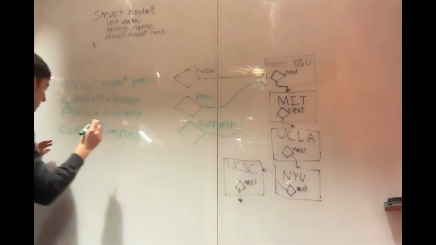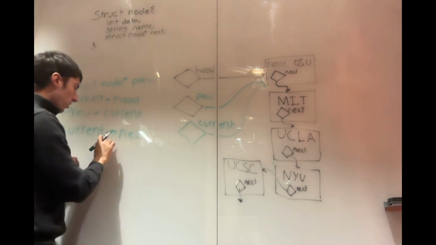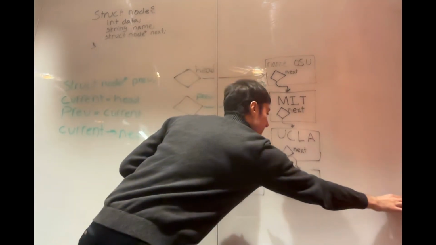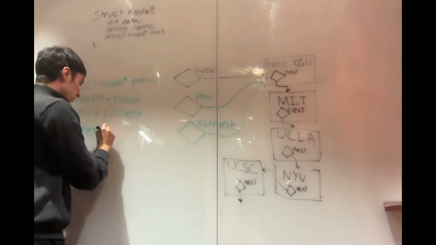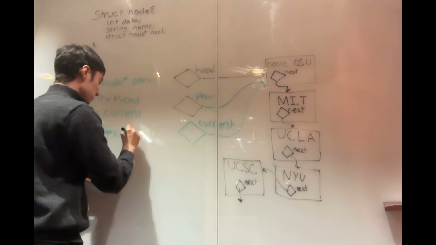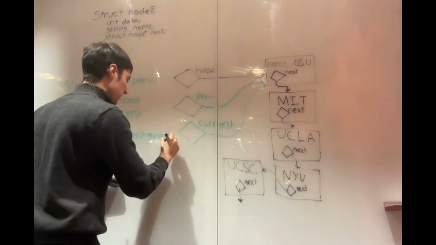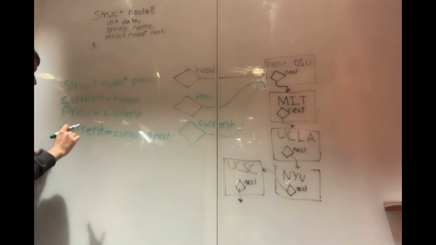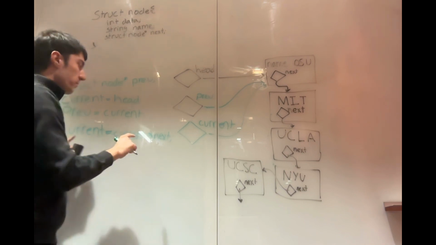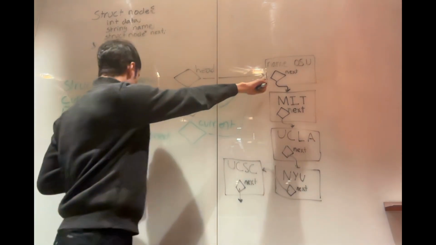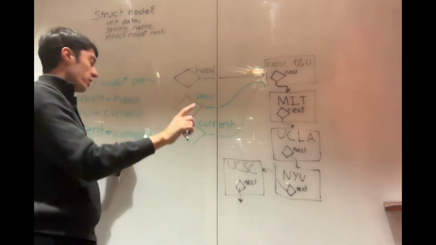So what we can do is, I don't think you guys can see that. You can do current equals current next. Okay, so what's going to happen here? So current is going to be right here, and we're going to change this current value. And what are we changing it to?